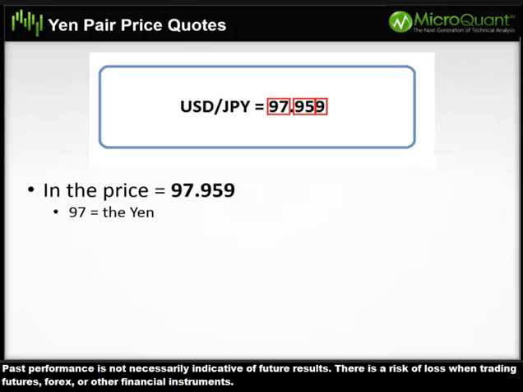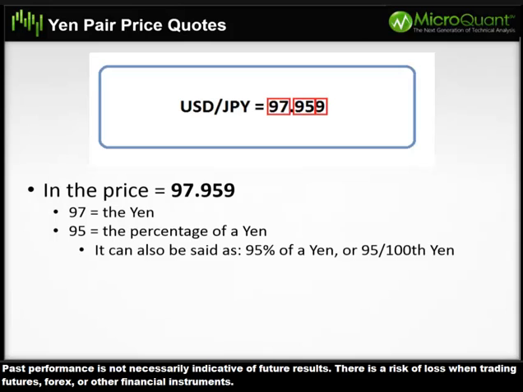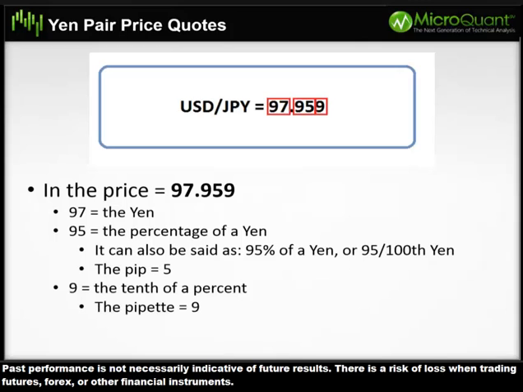Breaking this price down, 97 is the yen, 95 is the percentage of a yen. We can say that this is 95% of a yen or 95/100th yen. The pip is that 5. And that 9, again, is 1/10 of a percent, and that 9 is your pipette.